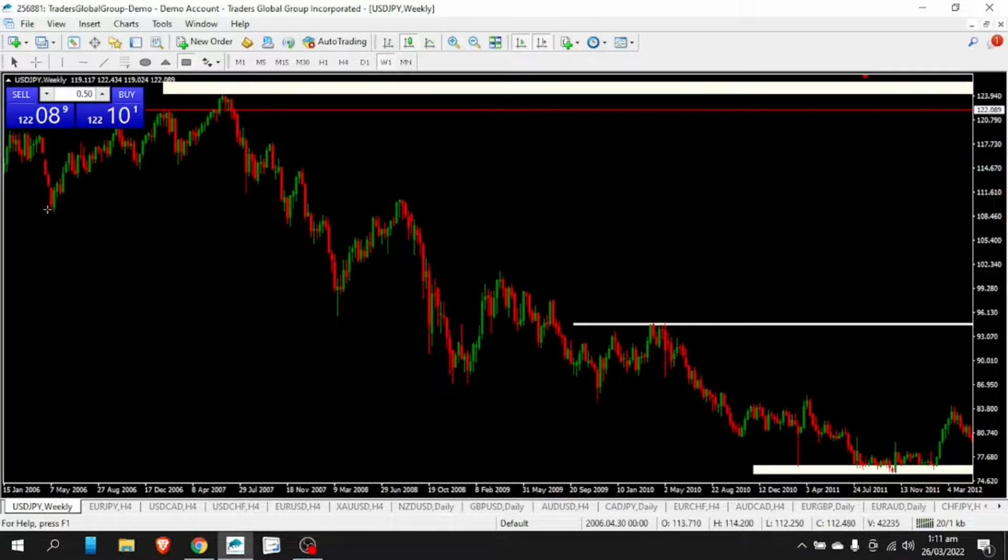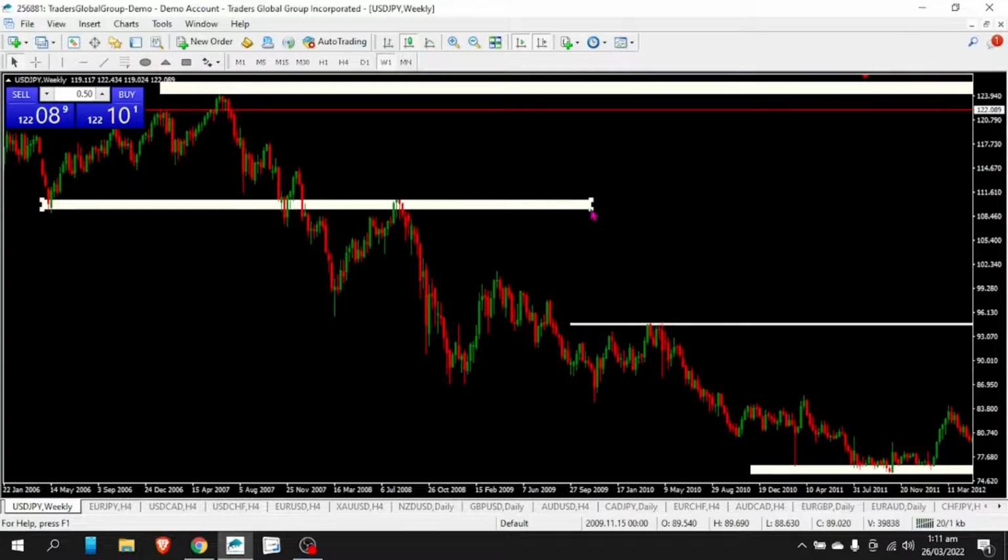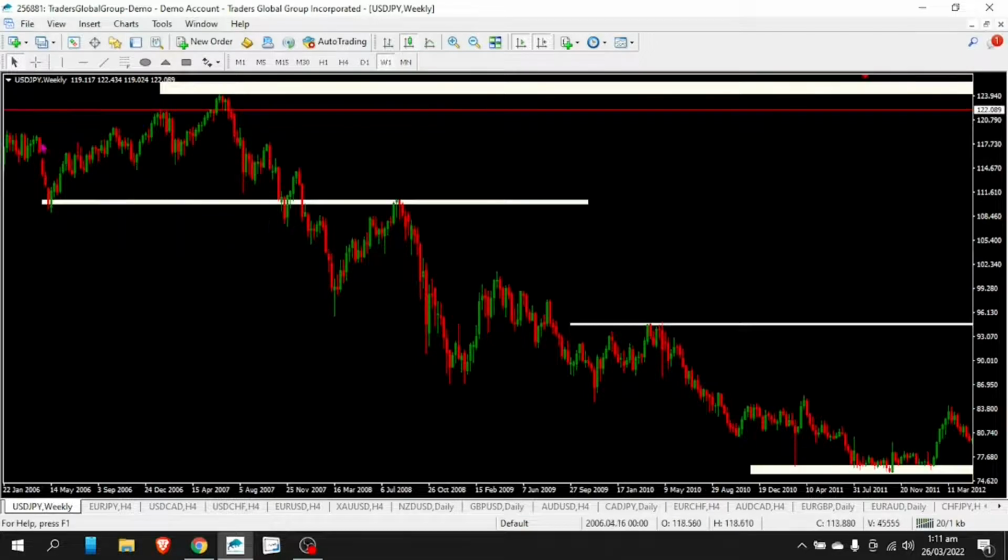For example, price broke, let's see, here is a zone. When price dropped from this level to this level, it pulled back. I'll remove this. When price pulled back, it met this resistance, it then dropped, broke this support level, came back for a retest, it dropped, and then pushed back, coming back to this resistance.